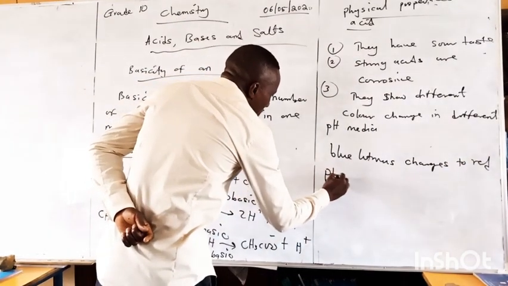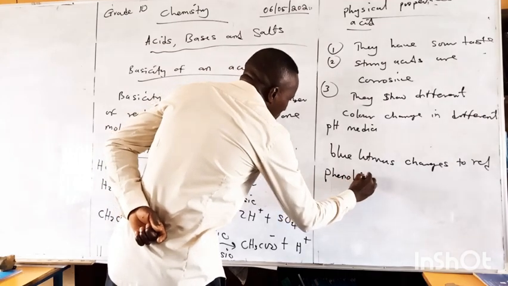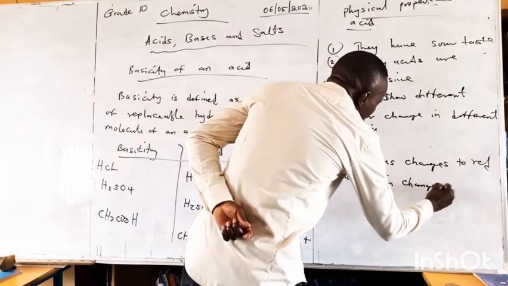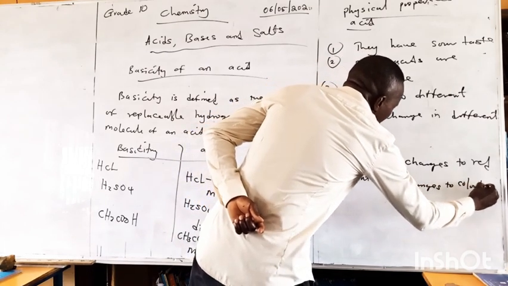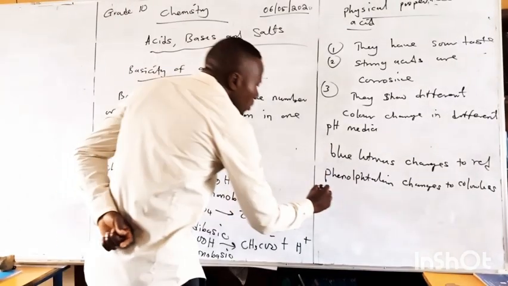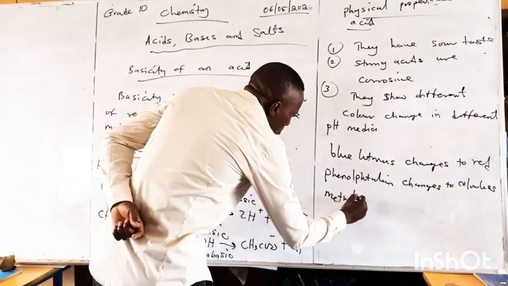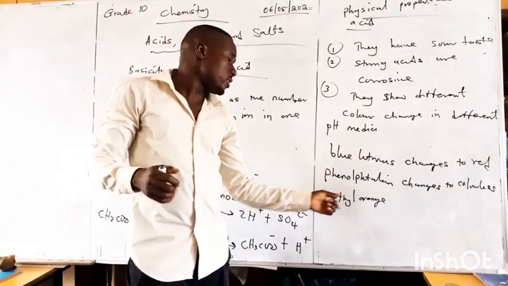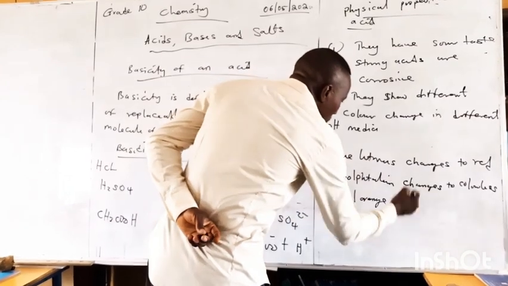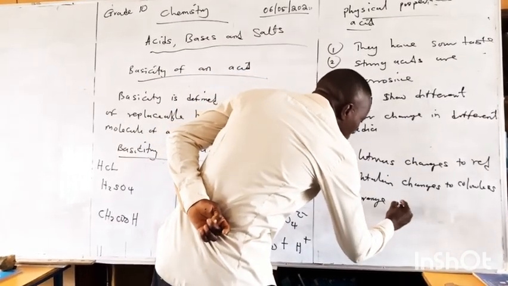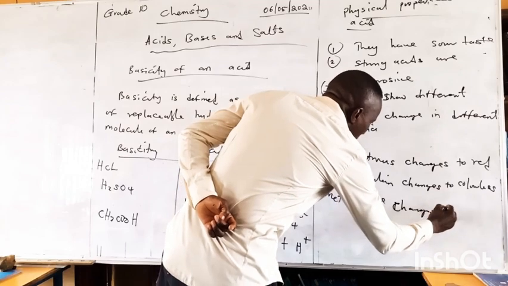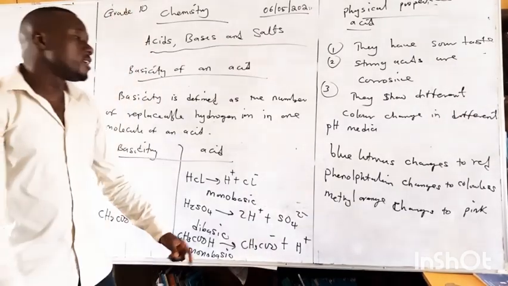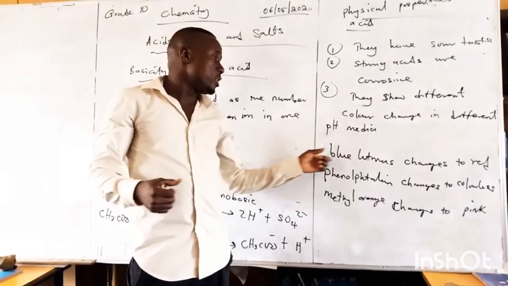Phenolphthalein changes to colorless in an acid. Methyl orange, when you add a drop or 2 drops into an acid, the color will change. Methyl orange changes to pink. So these are indicators. When you drop them inside an acid, you see the color change.